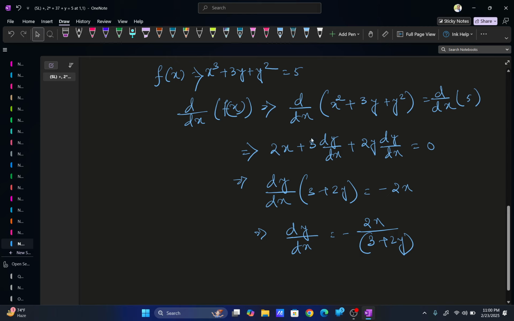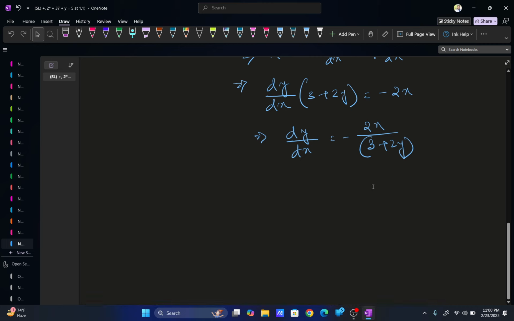In that case a point is given, and it is 1 comma 1. This is for x, this is for y. So we just put the values of x and y.